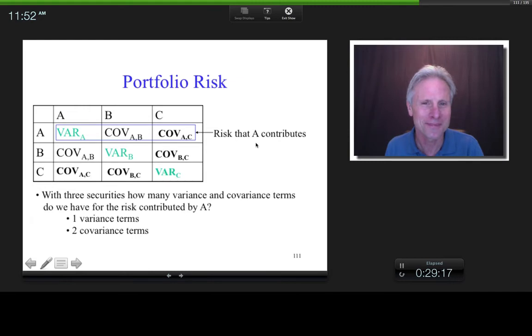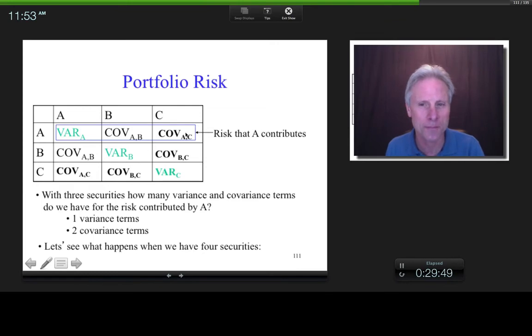So can I now say, well, all right, this is the amount of risk that A contributes to this portfolio. Can I now say that this is A's non-diversifiable risk? I couldn't, right? Why not? Because this portfolio is not well diversified. Again, in theory, how many securities do we need for a well diversified portfolio? An infinite number of financial securities. So let's move in that direction.